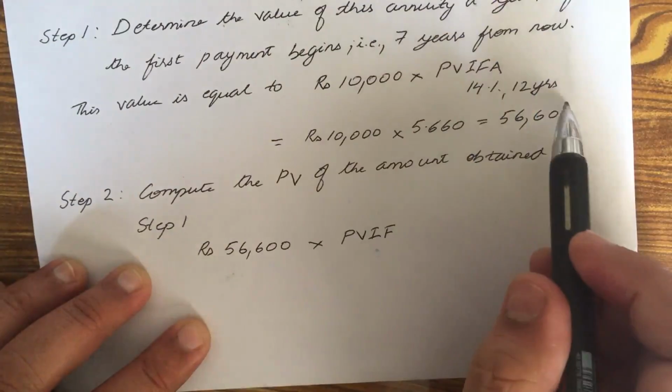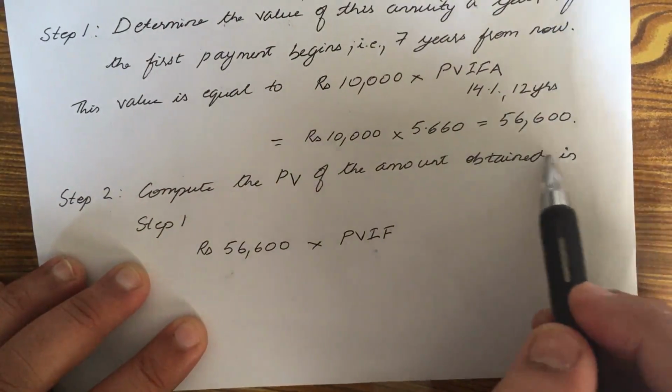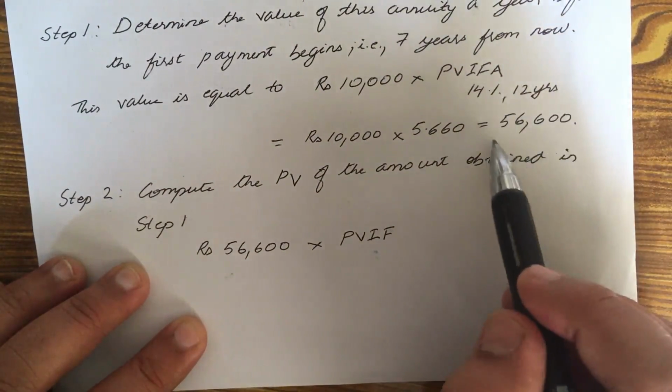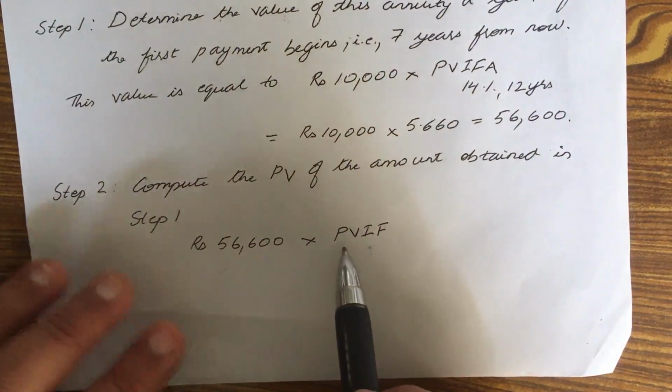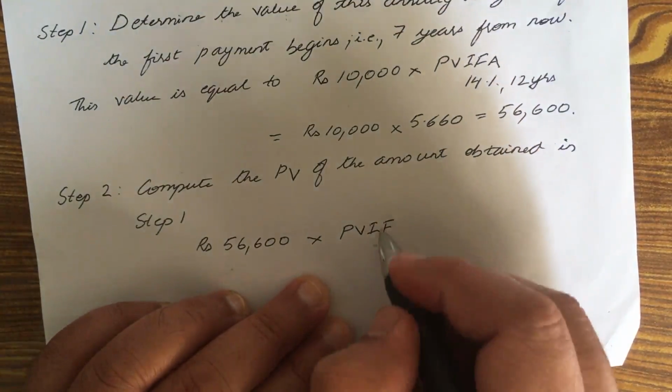Remember, this is just one single amount. It is not an annuity. So therefore, you should not write PVIFA. You should write only present value interest factor.